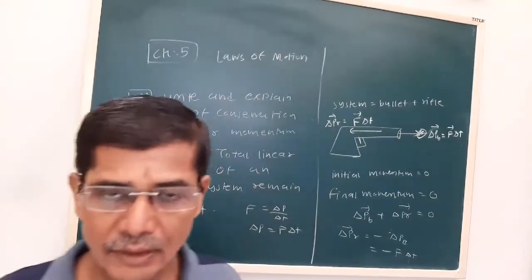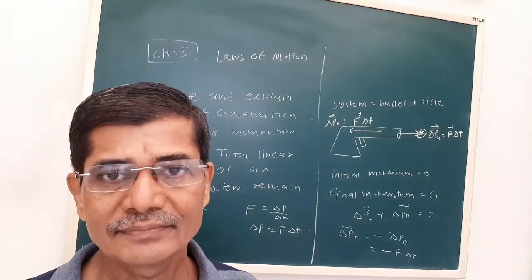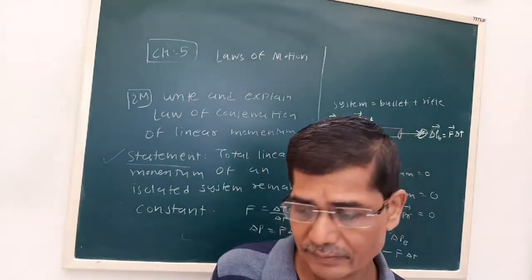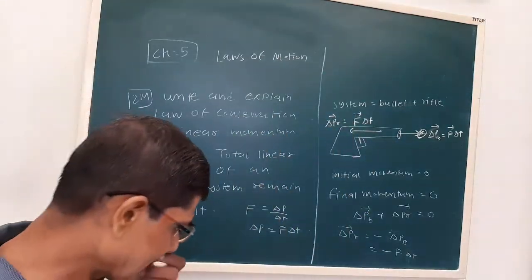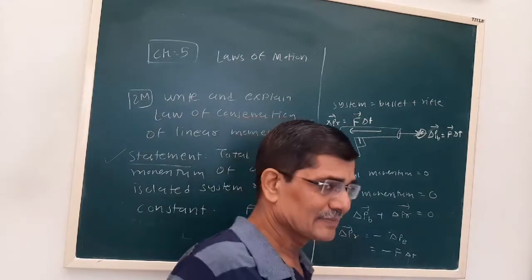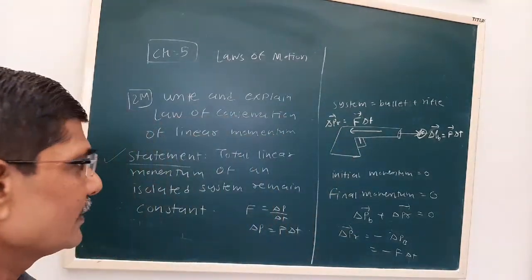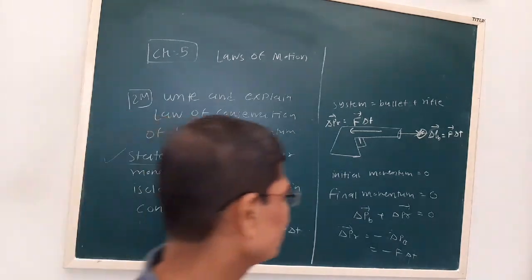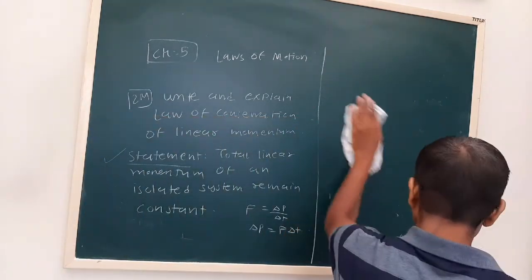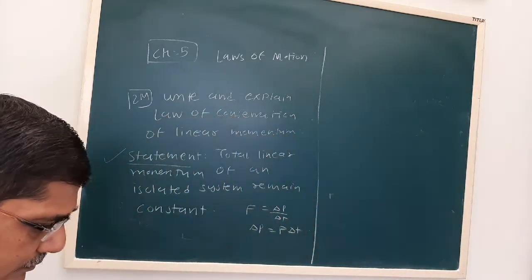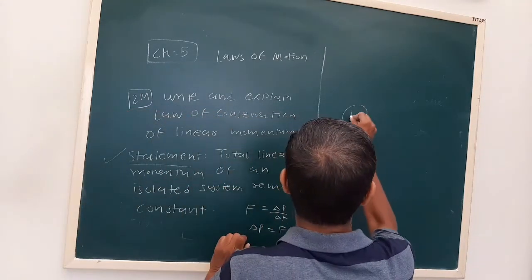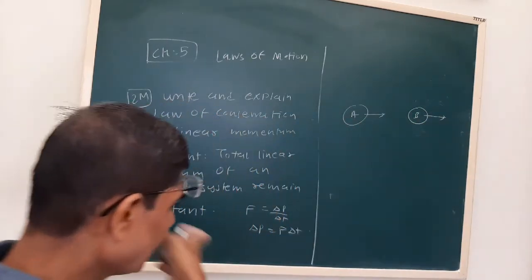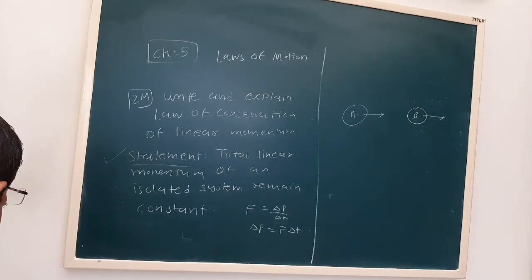As I told, the law of conservation of linear momentum is a universal and fundamental law. A number of physics problems can be solved using this. But suppose we have to prove the law of conservation of linear momentum in terms of two interacting bodies, let us say A and B. Let us say VA is greater than VB.